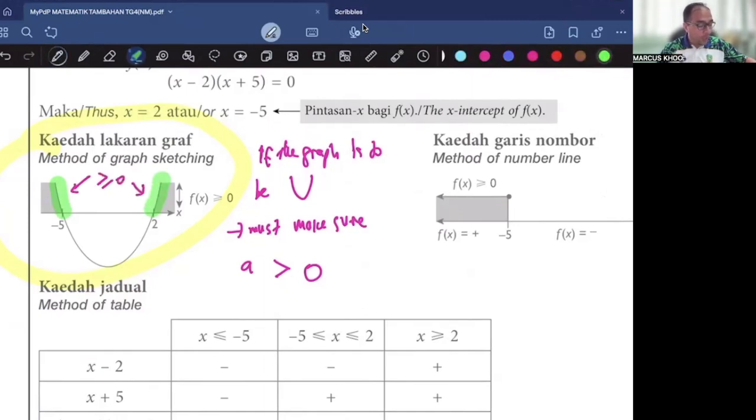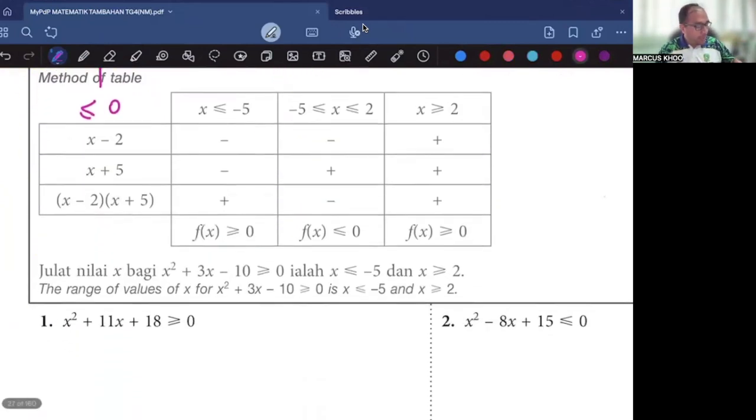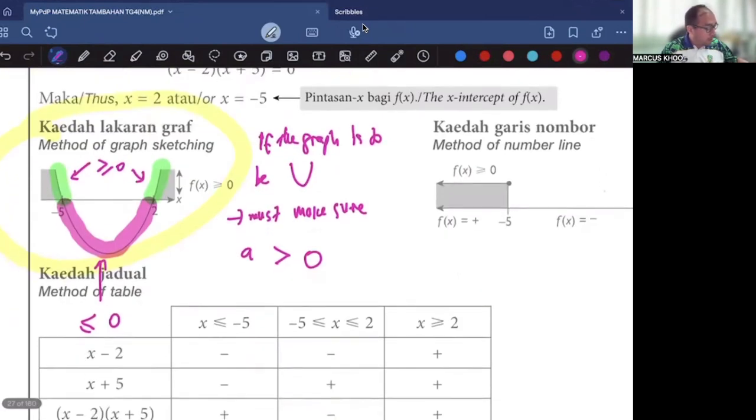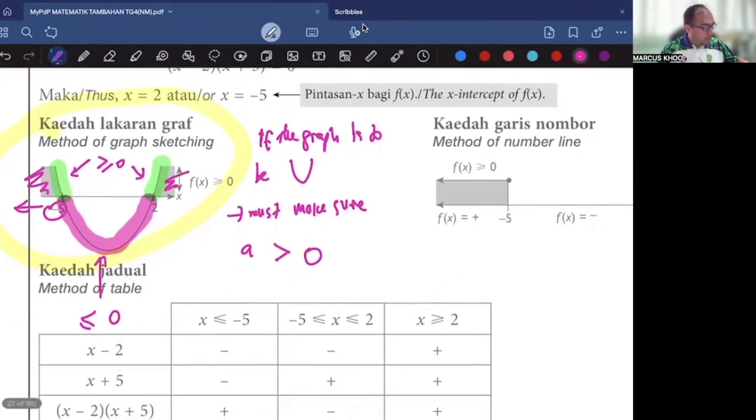If you are down here under the x-axis, that is less than 0. So when you have more than 0, your answer will be x less than -5 and x more than 2, which is this part. This part is all less than -5, and this part will be all more than 2.